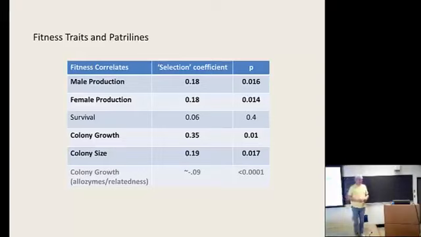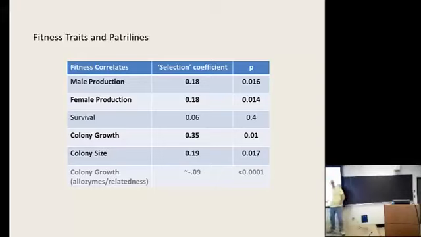This last grayed out one has to do with allozymes. Originally, when we first started looking at this system, we didn't have microsatellites. We couldn't measure the number of patrilines in the colony. We had allozymes. You remember allozymes? A few of us gray-haired people remember allozymes.